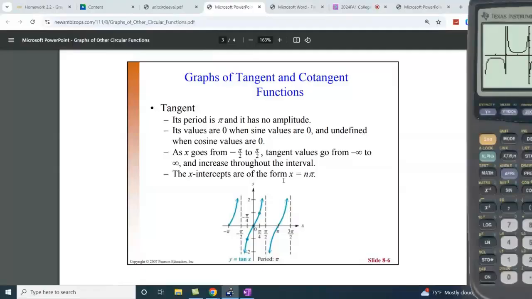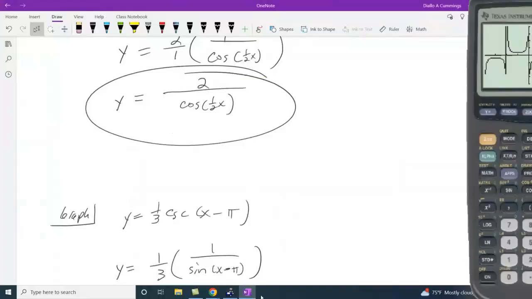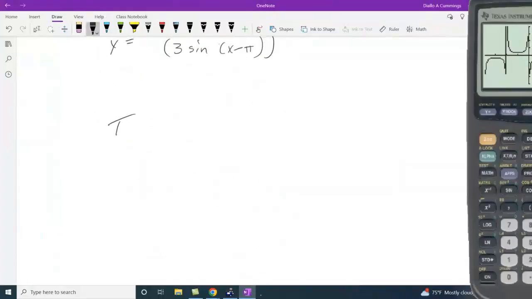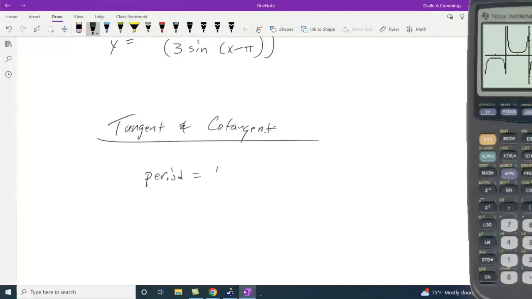So that means for the tangent and the cotangent, the formula for the period is pi over b.